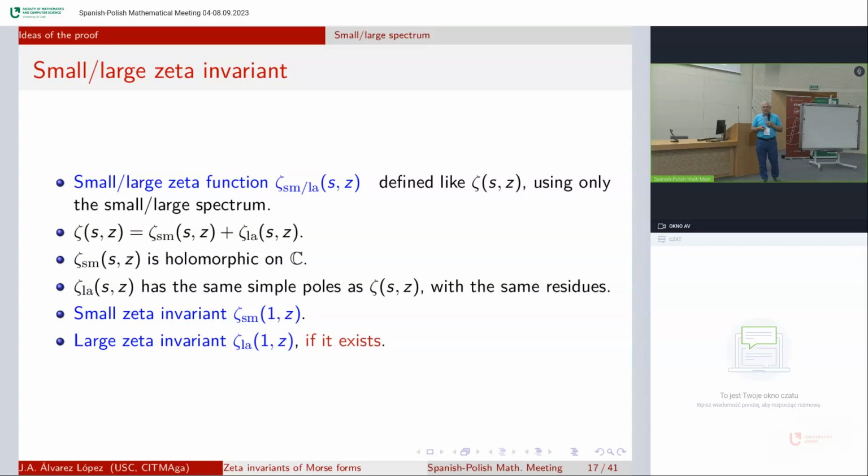The small theta function is always holomorphic on the whole complex plane, so it is an entire function, because we are using only a finite sum. But the large theta function has the same simple poles as the whole theta function with the same residues. So we have a small theta invariant, which is the value of the small theta function, always defined, and a large theta invariant, which may not exist a priori.